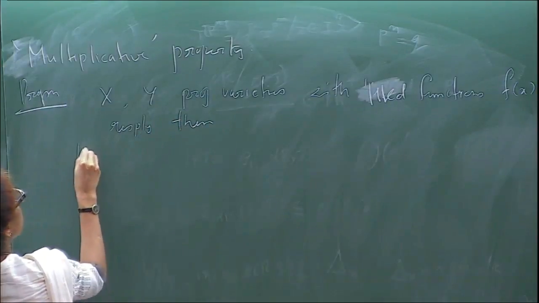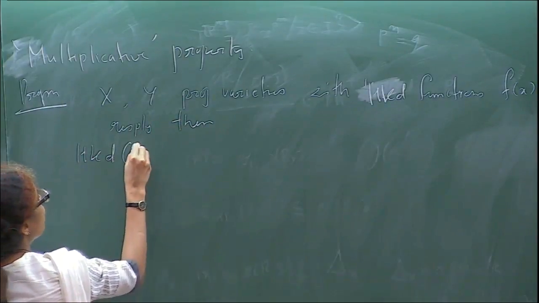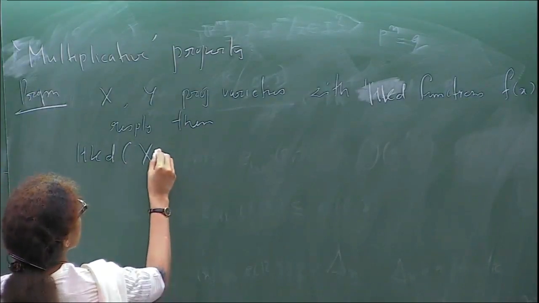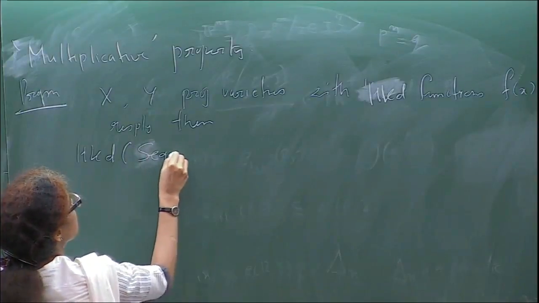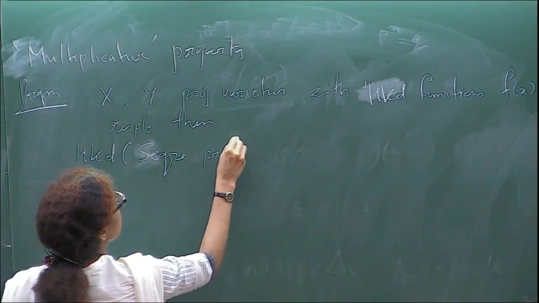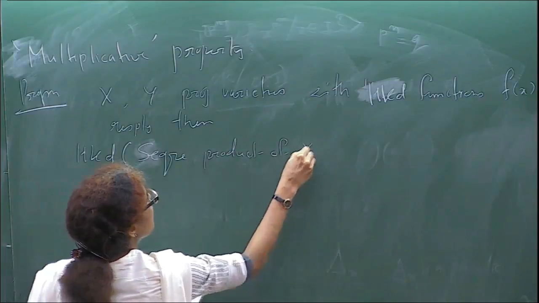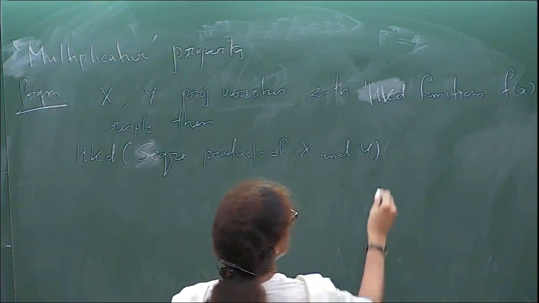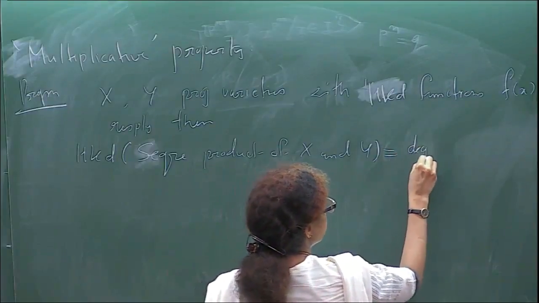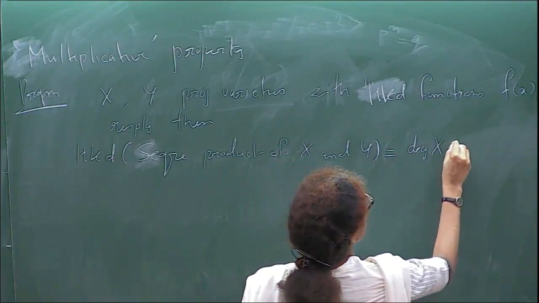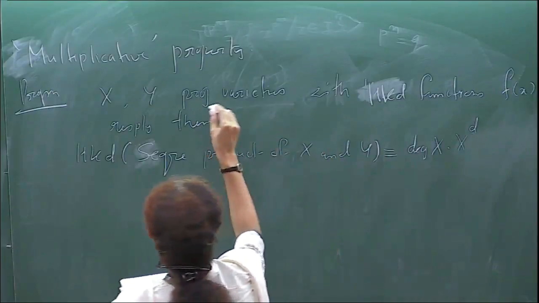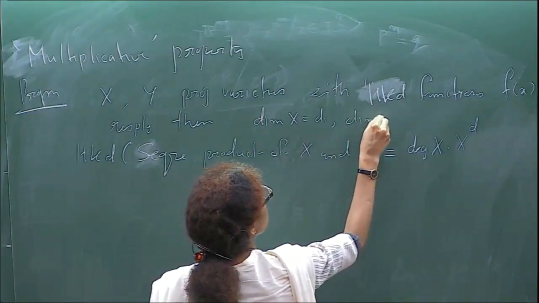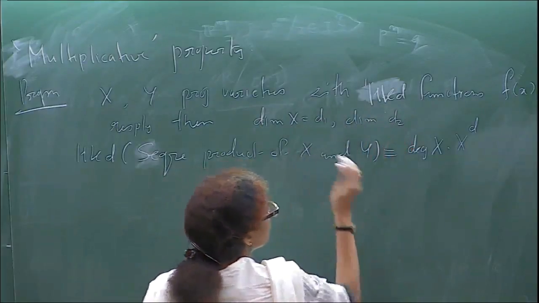Then the HK function of the Segre product of X and Y is what? Degree of X into... So dimension of X is d1, dimension of Y is d2. So they're all greater than or equal to 1.